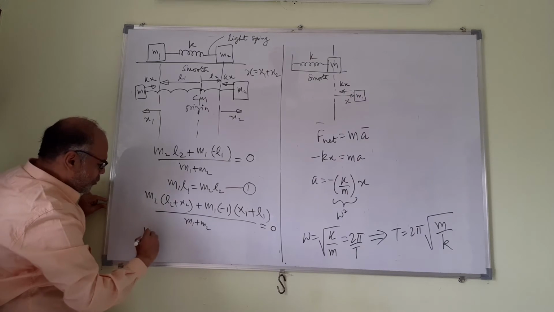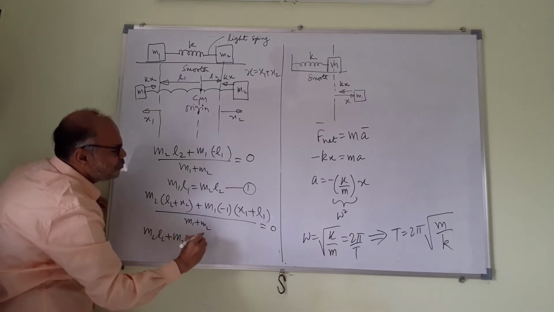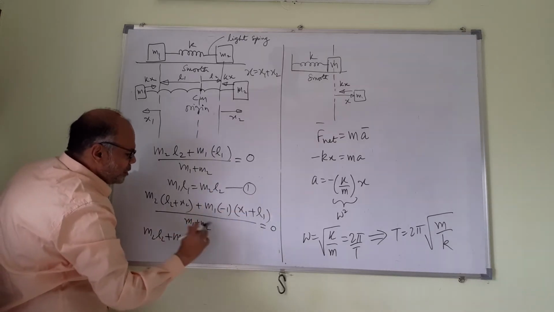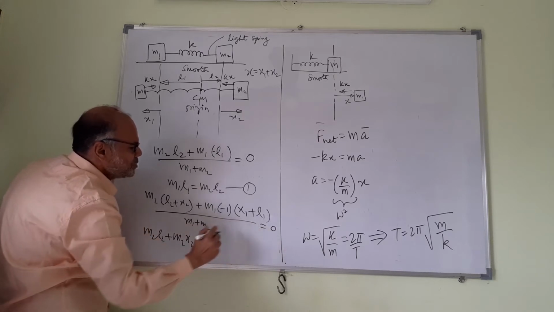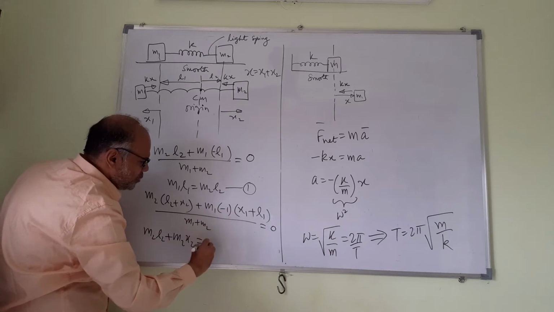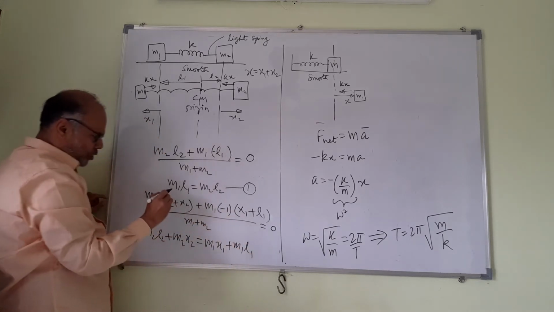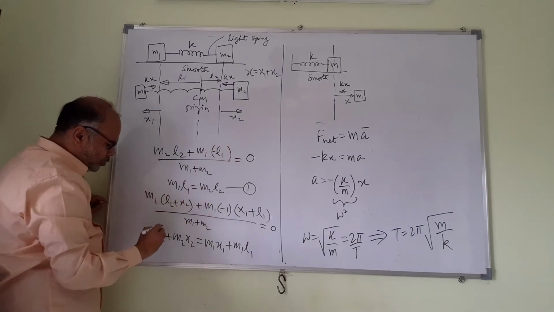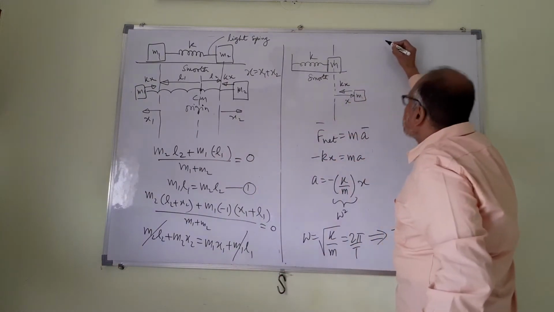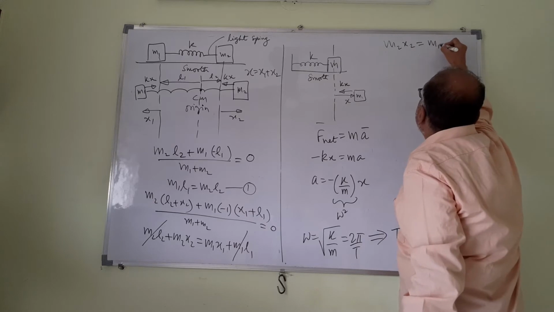So you are going to have M2 L2 plus M2 X2 is equal to, we'll take this to the other side. M1 plus M2 will multiply with 0, it will be 0 there on the right hand side. If we transfer it here, you will get M1 X1 plus M1 L1. We already saw M1 L1 is M2 L2. So we can cancel this and therefore we get M2 X2 is equal to M1 X1.